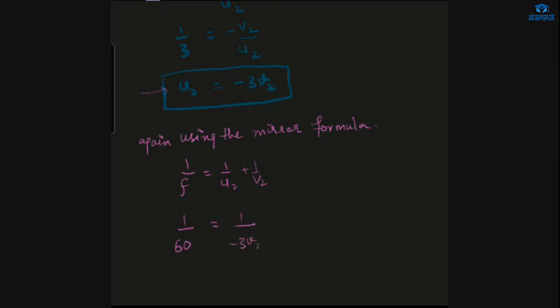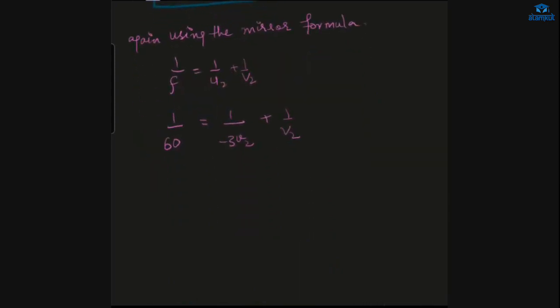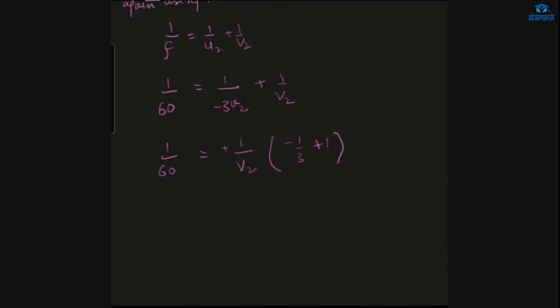So 1 by 60 is equal to minus 1 by 3v2 plus 1 by v2. We take out 1 by v2 outside, getting minus 1 by 3 plus 1, so taking the LCM, 2 upon 3.